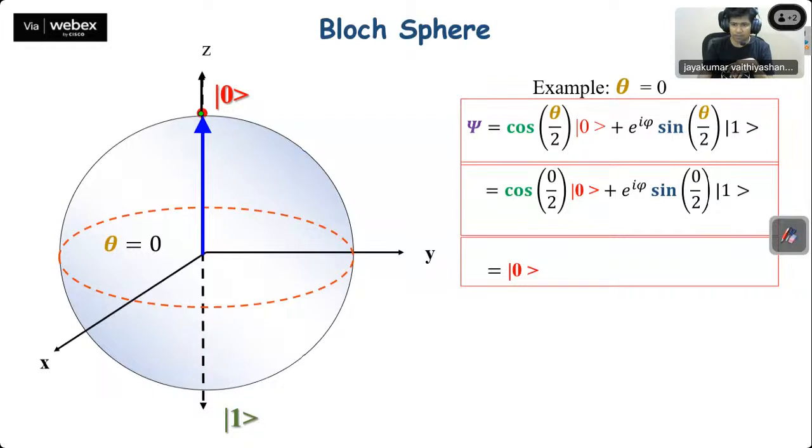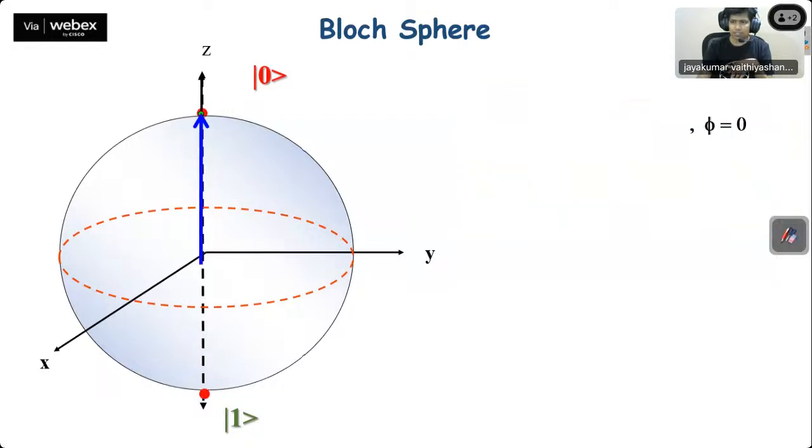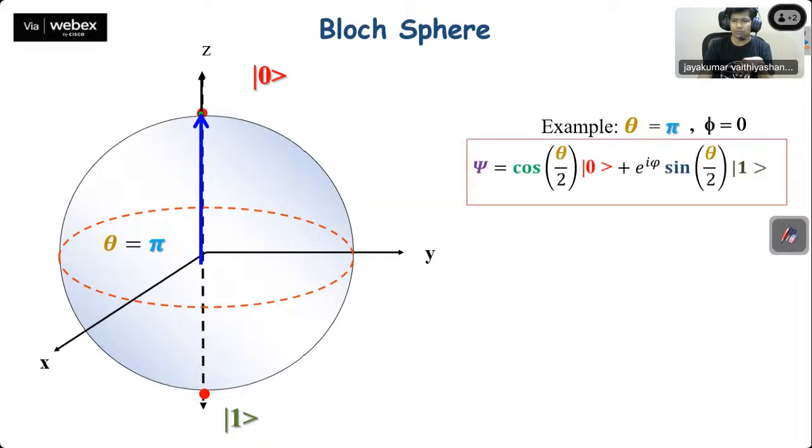Great. Thank you. So next, we apply theta equal to pi. What happens if you apply theta equal to pi? Whatever you do in quantum, you can visualize through a mathematical way, or through the Q sphere or Bloch sphere. Both ways you can do. Initially, go through the Bloch sphere. It is very easy to visualize.